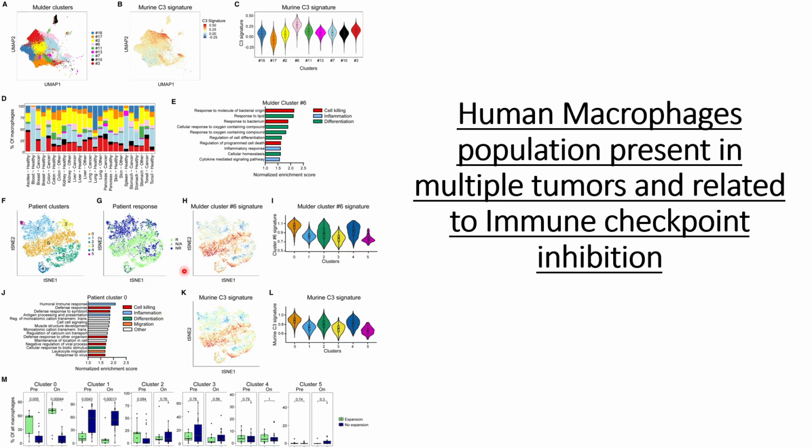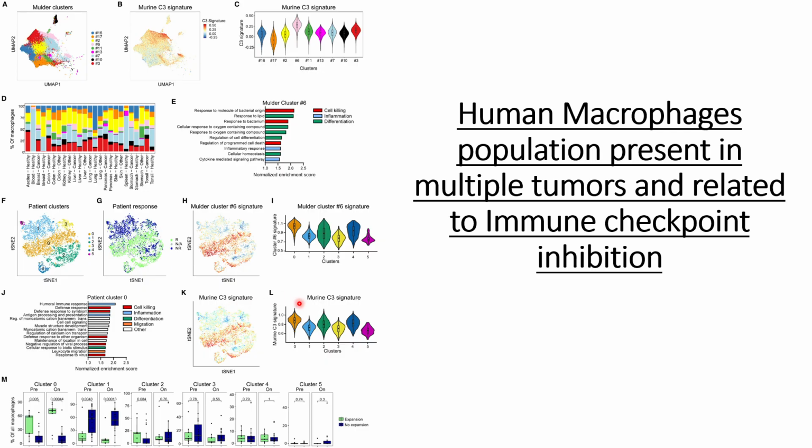After that they checked the murine C3 populations. Here they compared with the Mulder cluster 6 signature genes, and in panel K they compared with the murine C3 signature genes.